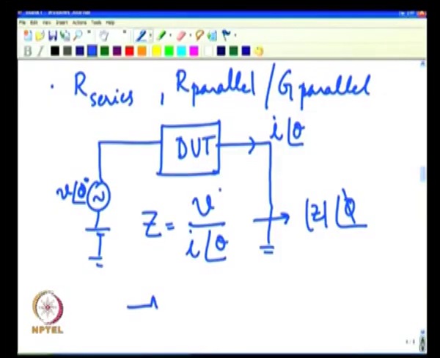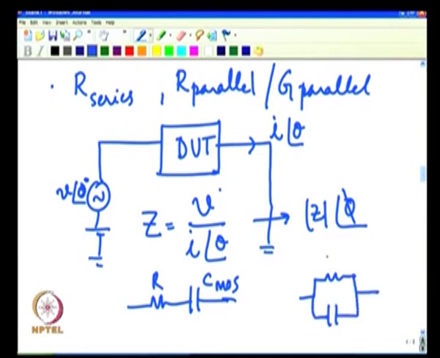But as a user, you need to tell the equipment whether the device under test looks like a series RC combination because of non-idealities, this MOS capacitor that you have built, or whether it looks like a G parallel C combination.